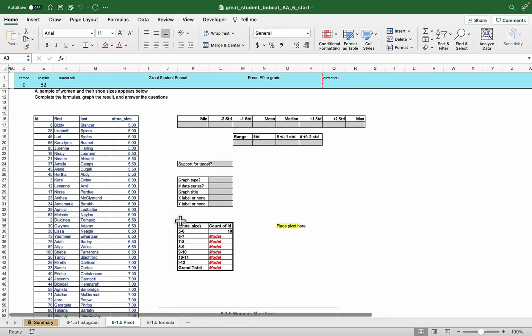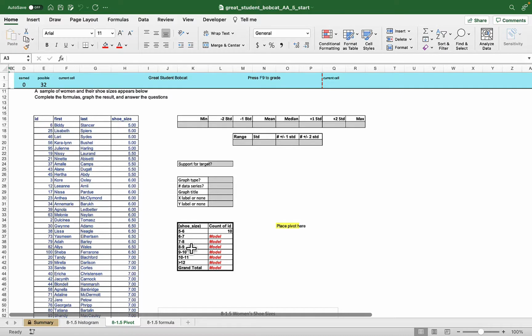You could also get that even without the interval notation, just by looking at it, because 6 can't be included in both. The only one that makes sense is this one, because if it was included in this one, it wouldn't appear in this one. So you can use logic to solve that.